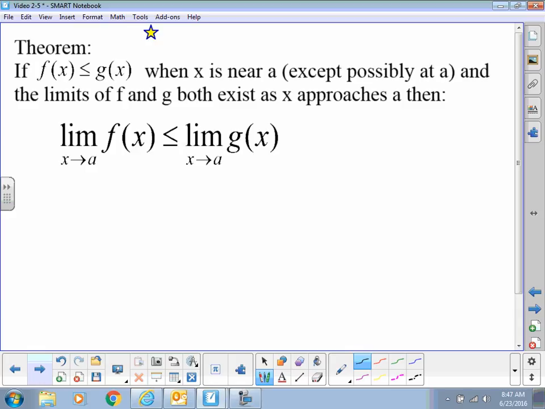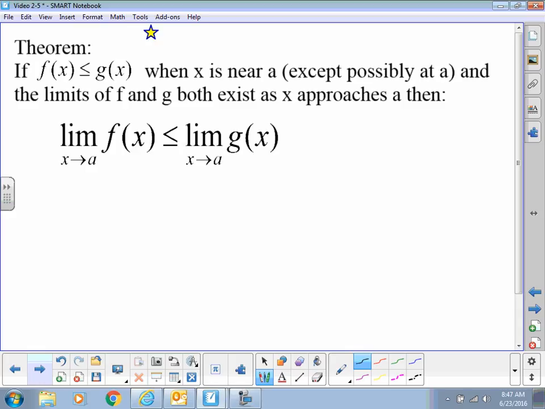Then what we can conclude is the limit of f of x as it gets close to a has to be less than or equal to the limit of g of x as x approaches a. And that makes sense, if the function values are less than or equal to the other function values, then the limit should be less than or equal to it.